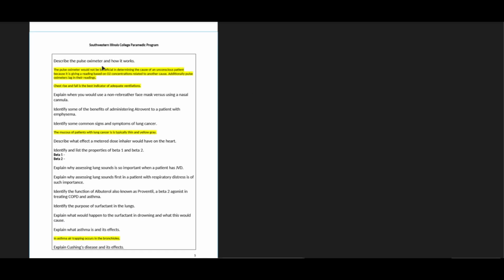Describe the pulse oximeter and how it works. So a pulse oximeter works, actually, it's pretty cool. It shoots two beams of red light into the tissue, and one of those wavelengths of light is absorbed very easily by hemoglobin that has oxygen, and one is absorbed very easily by hemoglobin that does not have oxygen.